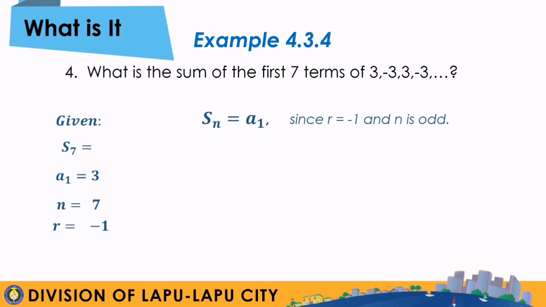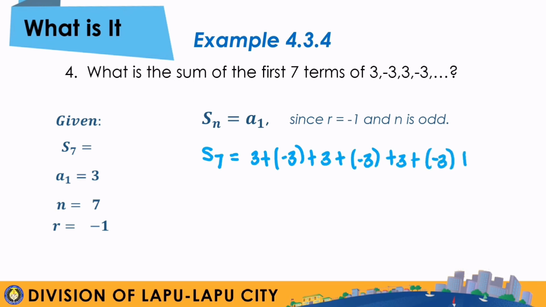So that is, again, S sub 7 is equal to, let's add manually the first 7 terms of the sequence. That is 3 plus negative 3 plus 3 plus negative 3 plus 3 plus negative 3 plus 3.